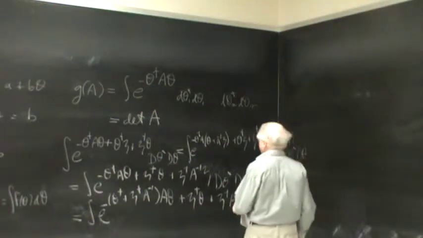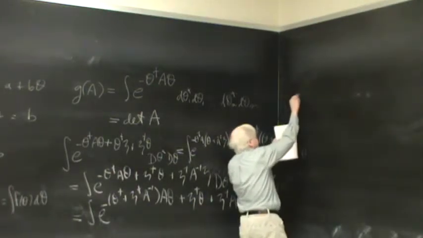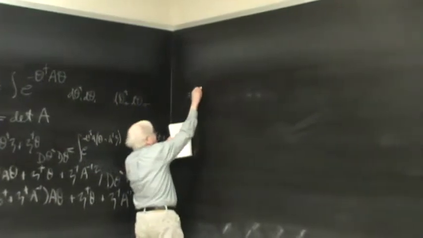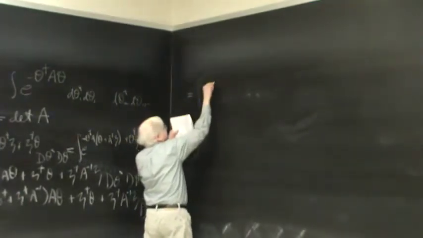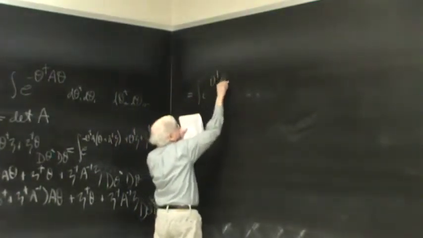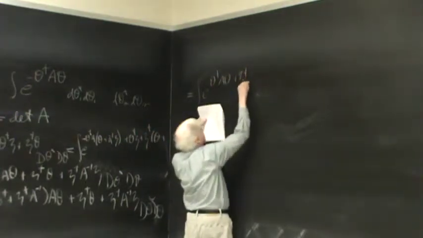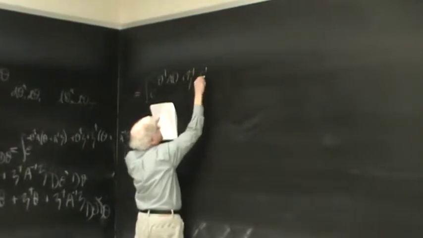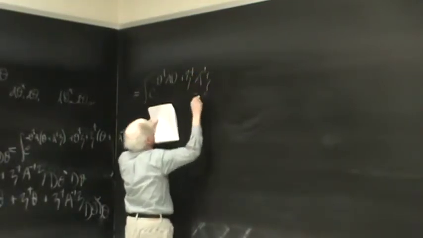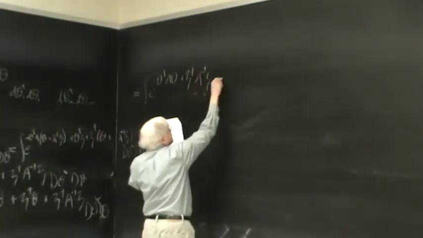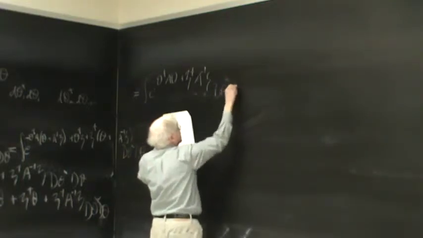So this whole thing is equal to the integral of e to the minus theta dagger A theta plus zeta dagger A inverse zeta d theta star d theta.